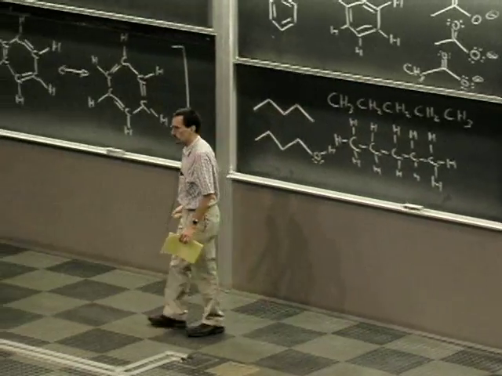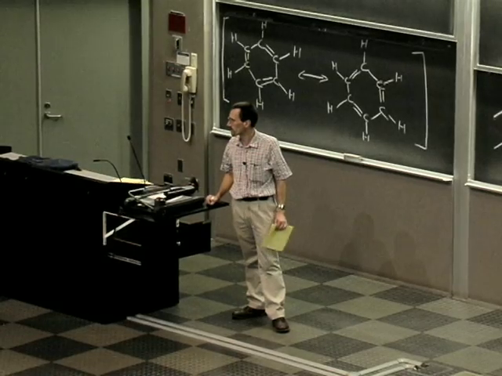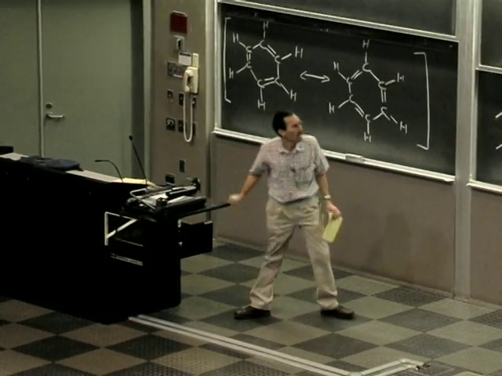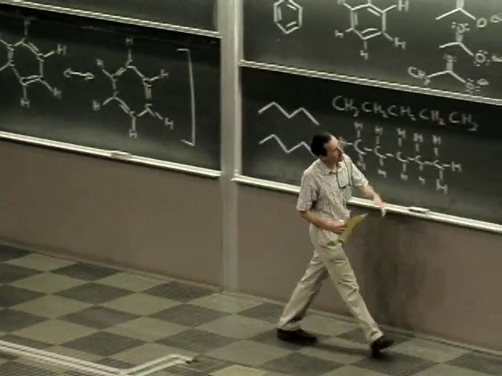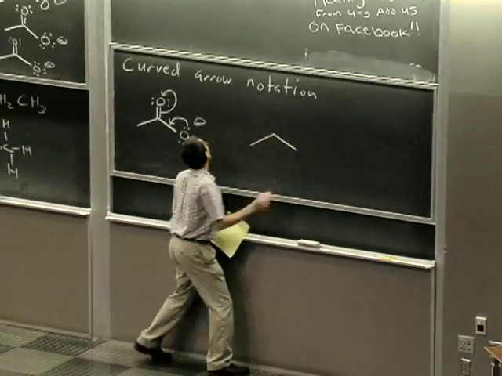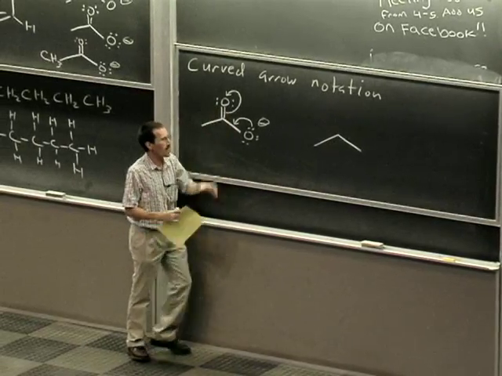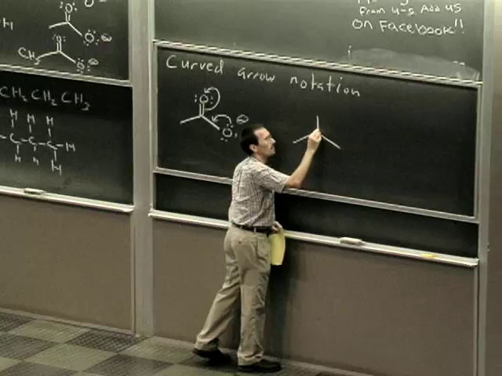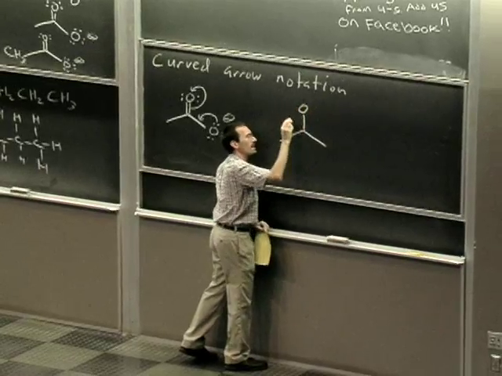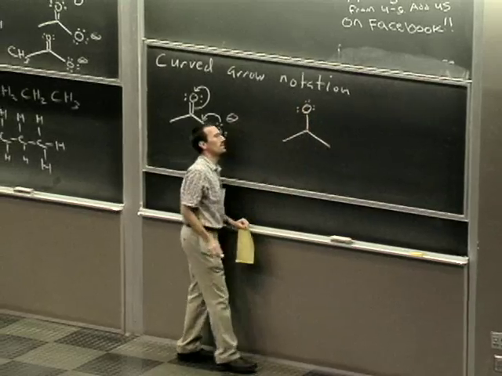And again, I use a curved arrow to help conceptualize, to represent that process. When we're done, we've gone to a structure in which we now have a single bond to the upper oxygen, 8 electrons around it, 3 lone pairs, and a bond.